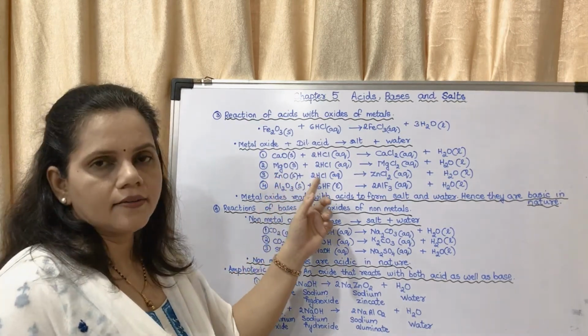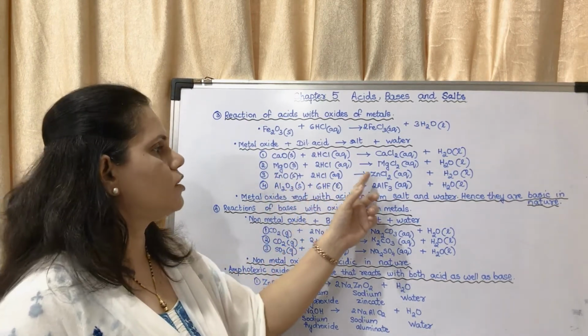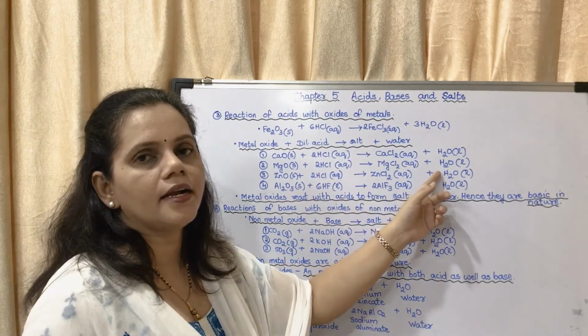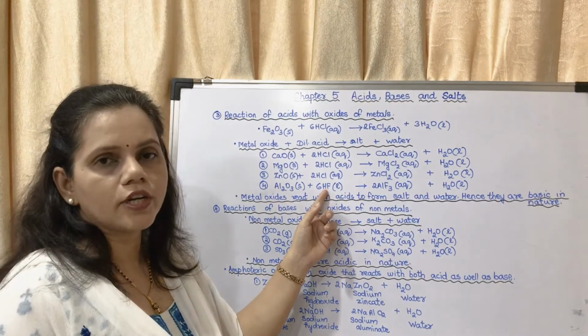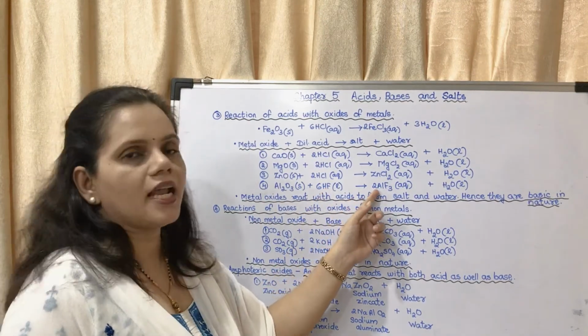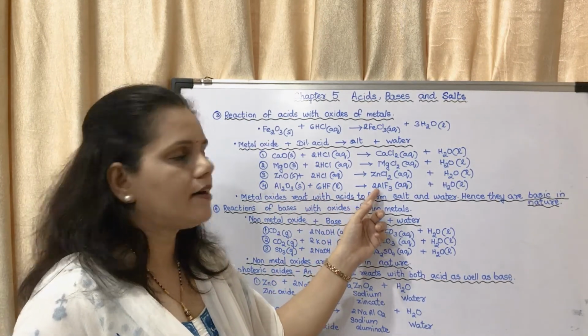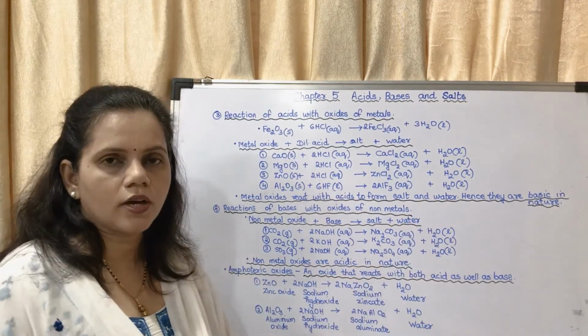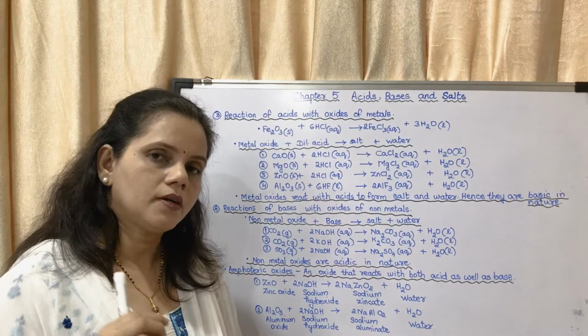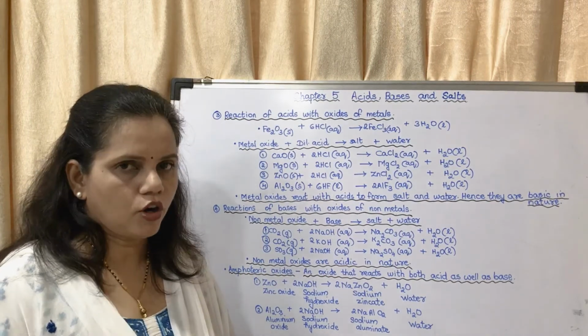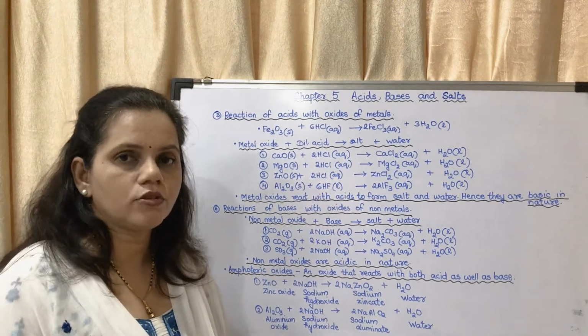Zinc oxide will react with hydrochloric acid to form zinc chloride and water. Aluminium oxide will react with hydrofluoric acid to form aluminium fluoride plus water. So metal oxide reacts with dilute acid to form salt and water. These reactions you have to learn.